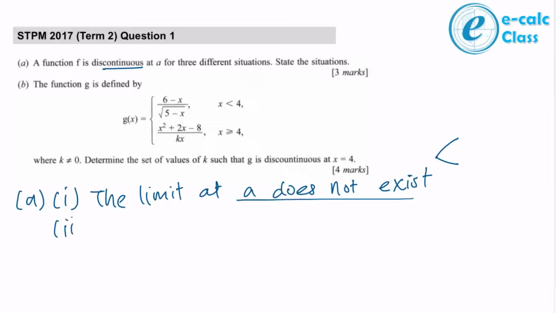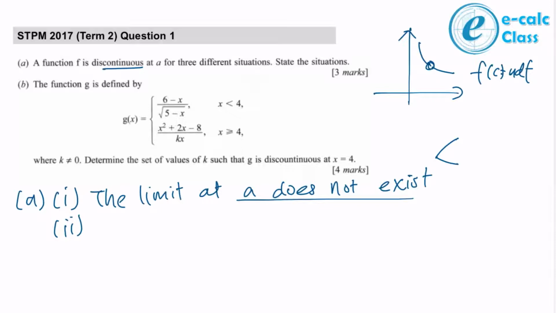Then number 2 is that the limit exists, but you have a hole at that point. Means your f of c is undefined. So it is a hole here, it is not continuous.